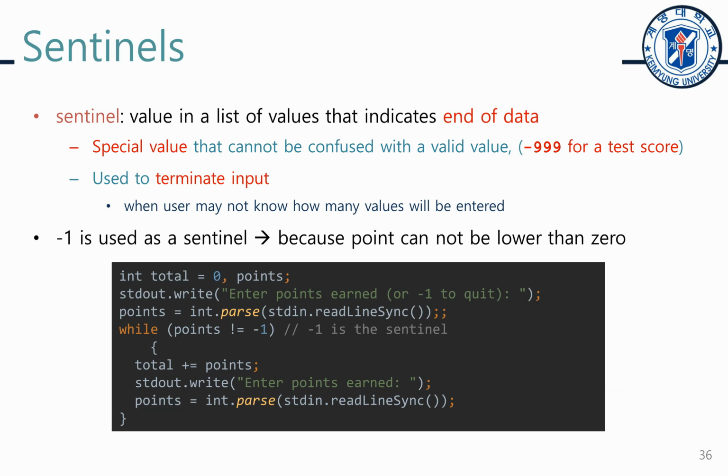If you remember, when we talked about while loop, we said that we use a while loop for repetitions when the number of repetitions is unknown. And in that case, we can use the sentinel values to make the condition false.